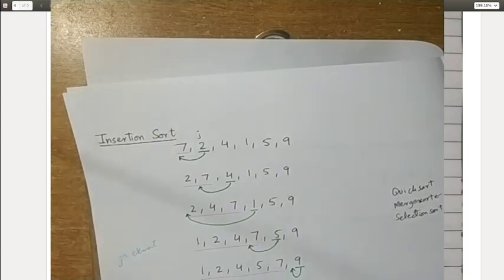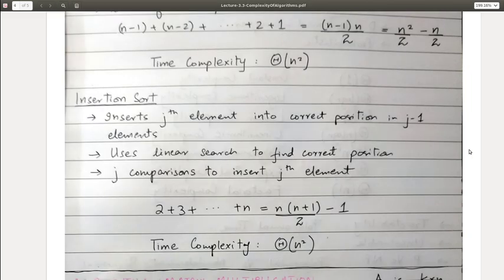So even though it seemed that it should be faster, let me go through this again. You're going through j comparisons to insert the jth element, 2 plus 3 plus 4 up until n, and when you add these up, you get n times n plus 1 over 2, because this is nothing but the sum of first n integers, but 1 is not here, so you subtract 1.